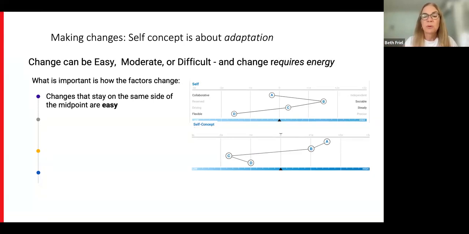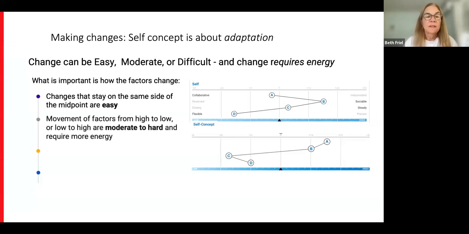So in this example, the D changes from the lowest to a little bit higher. And the B changes from high to a little bit higher. So that's pretty easy for this person. Movements of factors from high to low or low to high are considered moderate to hard.